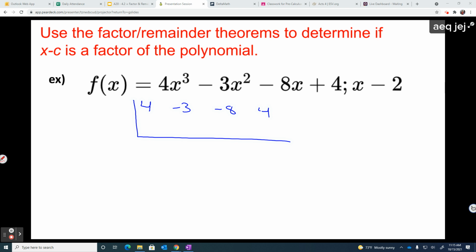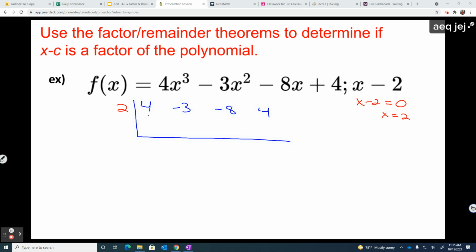Does anybody know what number goes outside the box? It's close. It's actually going to be positive 2. It's like if you were to set this equal to 0 and solve it, you would get x equals 2. So it's just the opposite. We're going to write 2 out here. You've probably seen it before. If not, like I said, it's not a big deal.